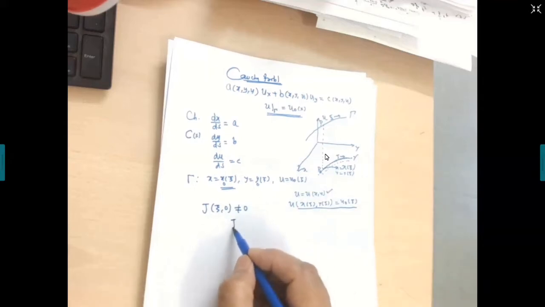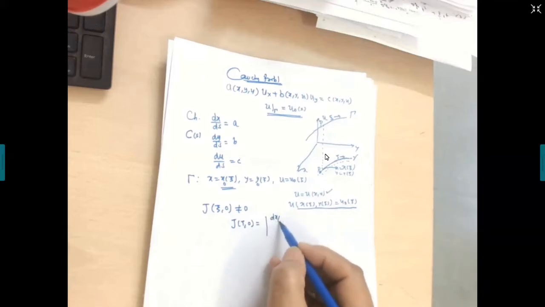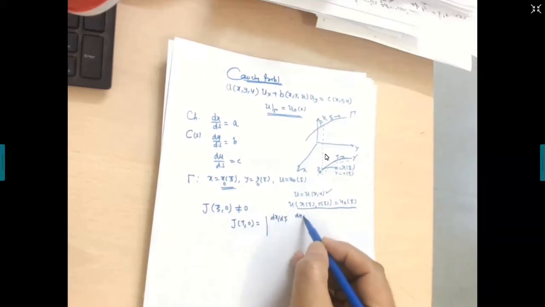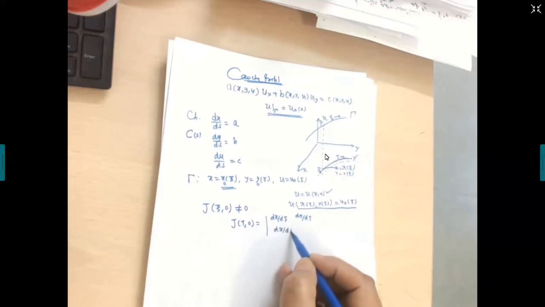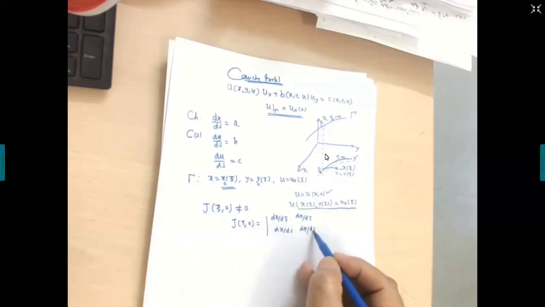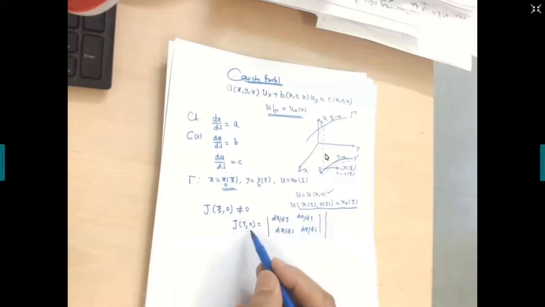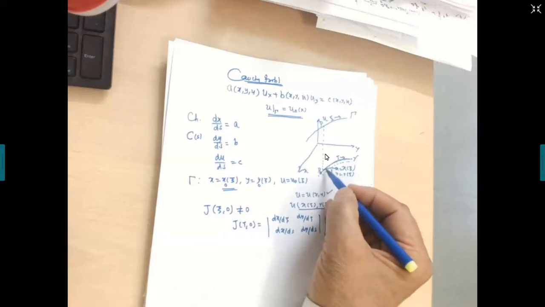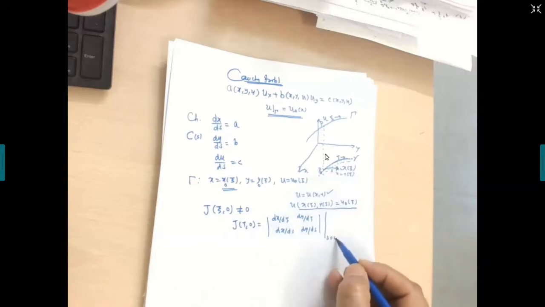So what is your J at xi naught? J at xi naught is nothing but the determinant of dx/dxi, dy/dxi, and dx/ds, dy/ds, evaluated at s equal to 0. S is the distance measured along this characteristic curve. So I will write s is equal to xi.